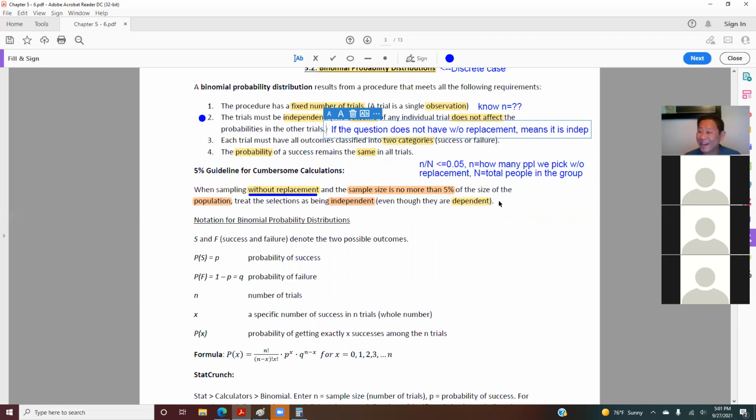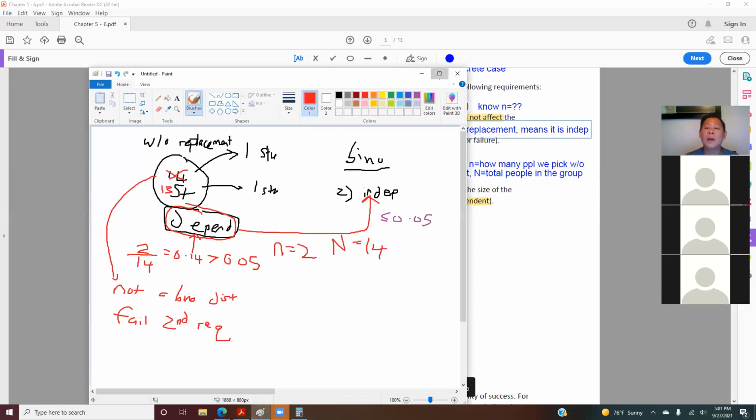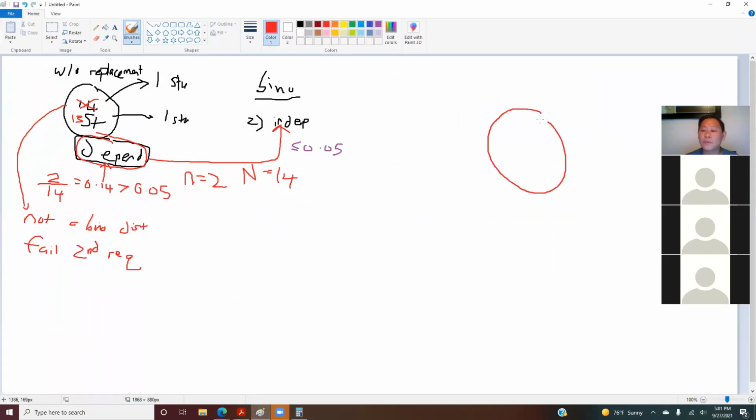If we talk about drawing cards from a deck of cards, that depends on how I do it. A deck of cards has 52 cards, right? If I draw only 2 cards out without replacement, is that independent or dependent?